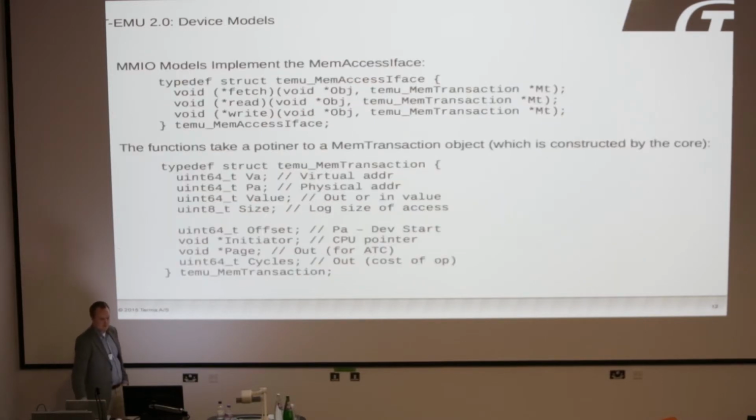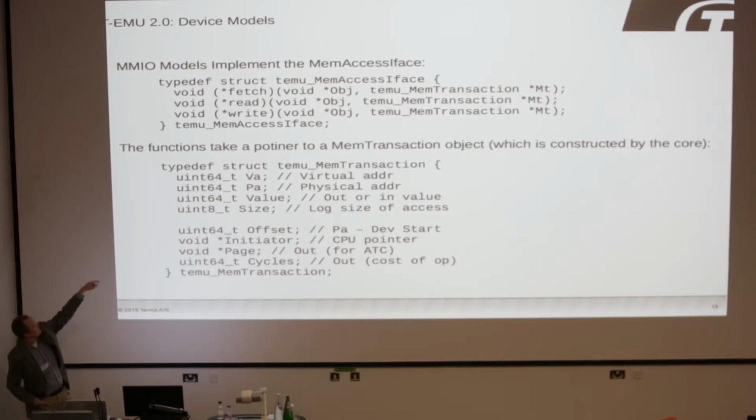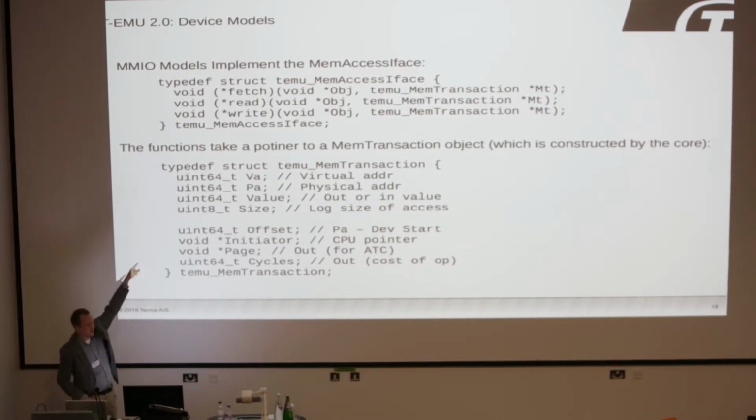For the MMIO system, it's based on interfaces, and you implement a struct, fill it with function pointers for fetch, read, and write. You take a transaction object, which is filled in with virtual and physical address and so on. And all this needs to be simulated to have a representative system.